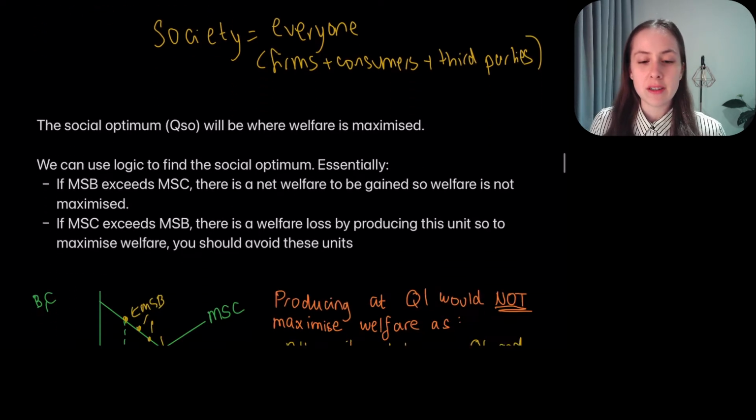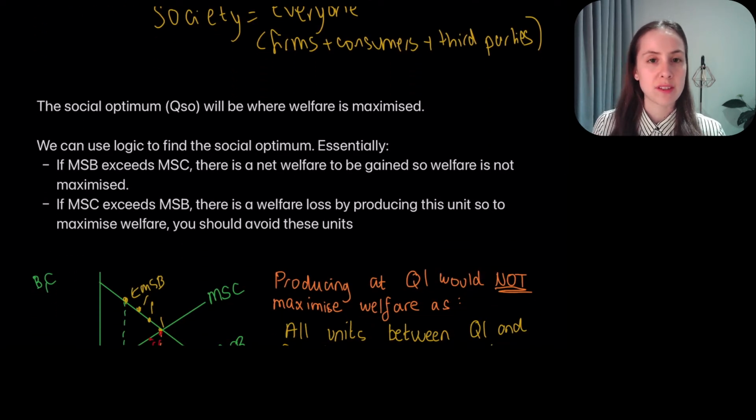And I'm going to define the social optimum as the quantity where welfare is maximized. Welfare is that sense of well-being that society has, similar kind of to quality of life. And in economics, it's really important that we maximize that social welfare because we have really limited resources.